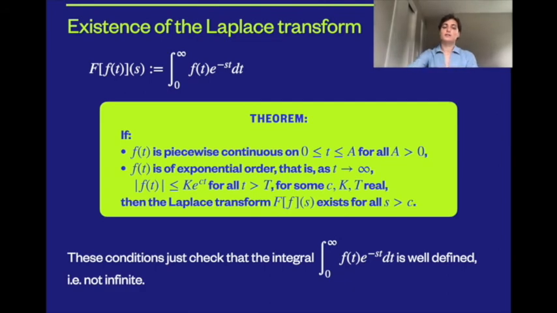When does the Laplace transform exist? It exists if small f of t satisfies two requirements. It needs to be piecewise continuous between 0 and a for any a bigger than 0. This is a ploy to never use the infinity.